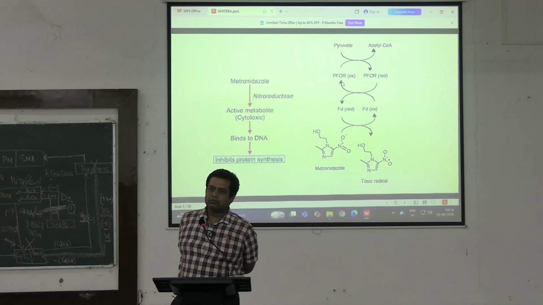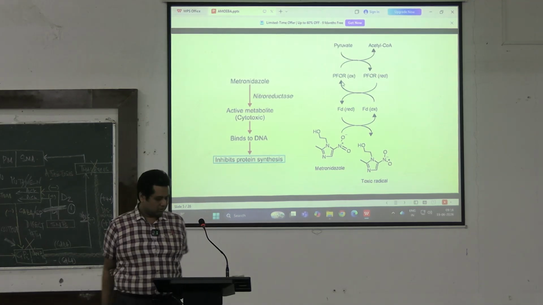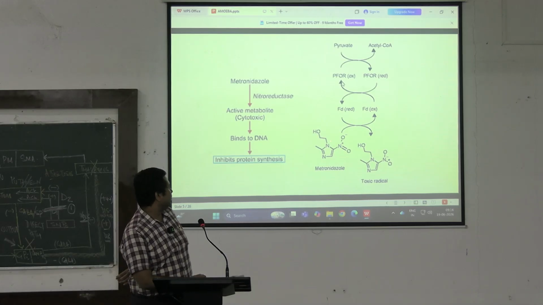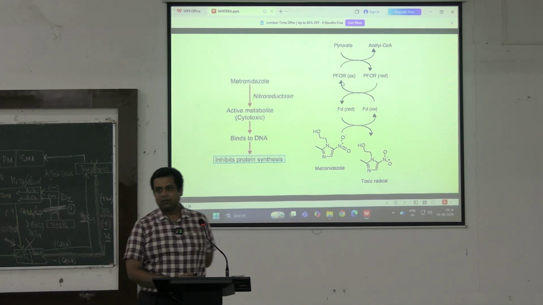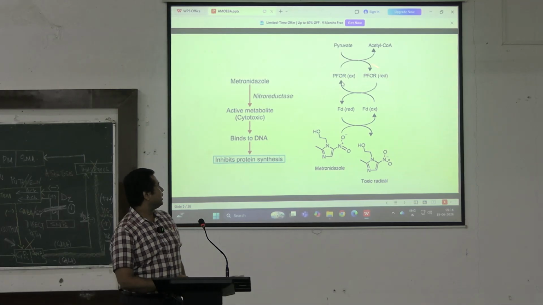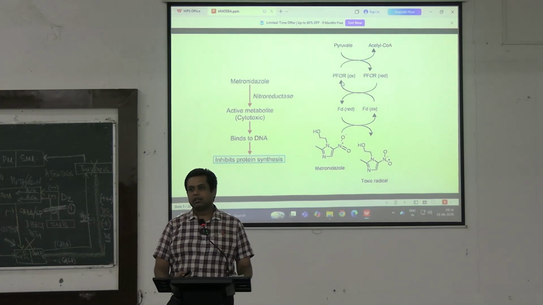Do you get it? Joyita, why are you thinking with your hand on your cheek? No. So this is the active metabolite of metronidazole. So in the respiratory pathway, pyruvate is releasing electrons.